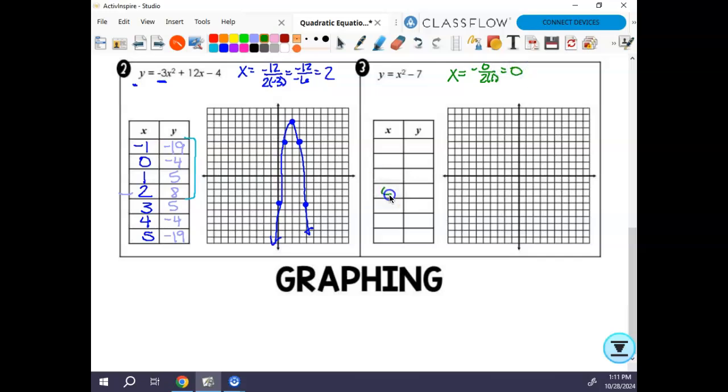So 0 goes in this insert, which is, again, what we expect because we started at 0, 0, and then we just shifted down. So this is 0, 1, 2, 3, negative 1, negative 2, negative 3. So our y values are going to be 2, negative 3, negative 6, negative 7, negative 6, negative 3, and 2.